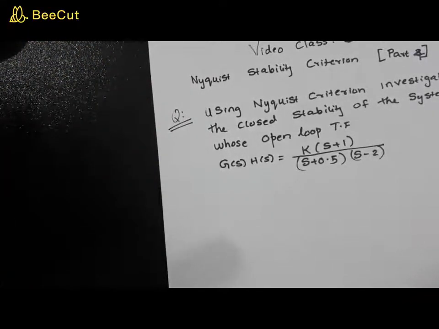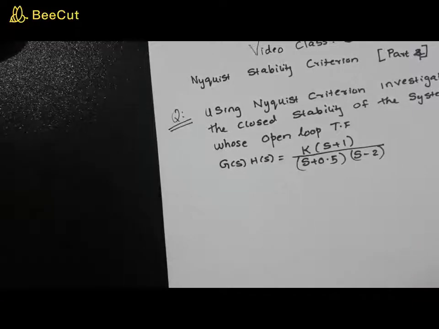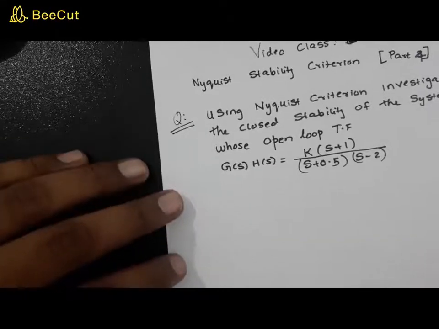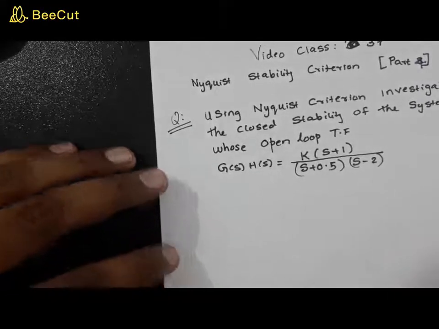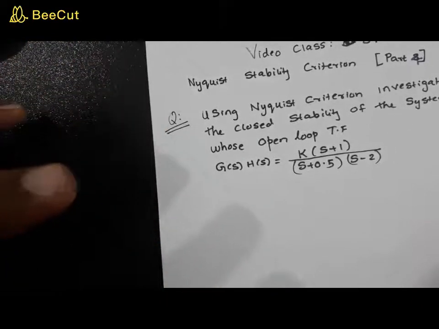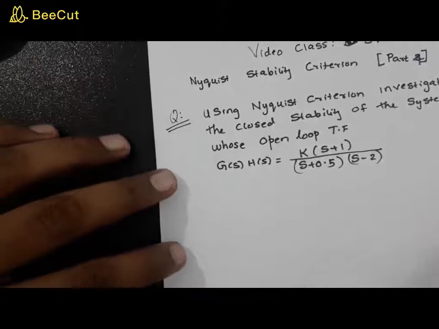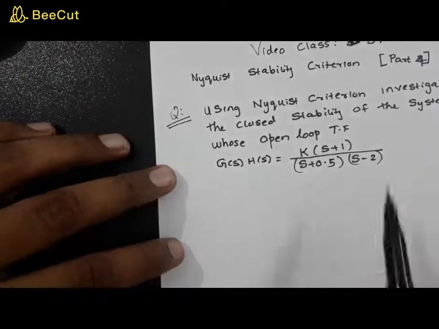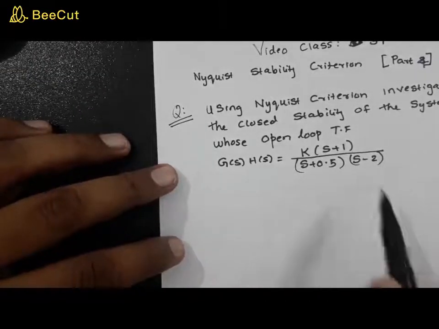A polar plot is just like a graph sheet, a graph paper similar to our normal graph paper. I will show you later on when time permits. Normally the questions will be asked to plot the Nyquist plot, so you don't have to worry about drawing it on a polar graph sheet.